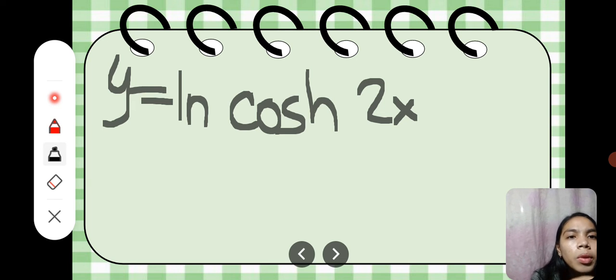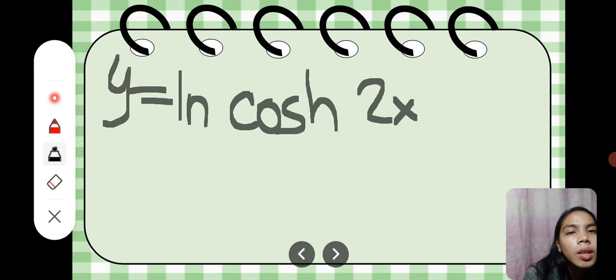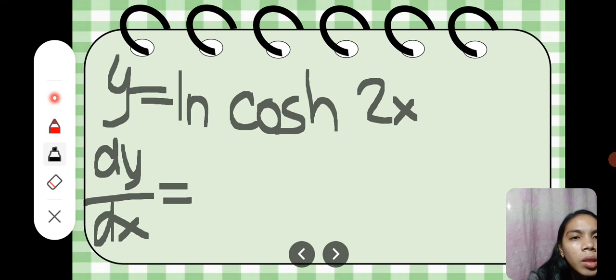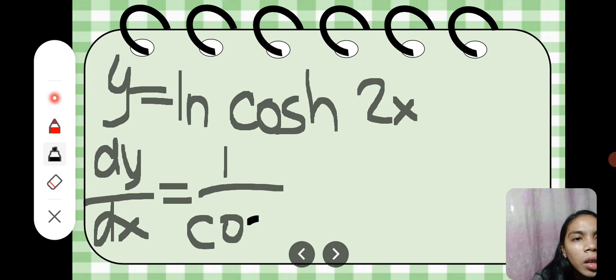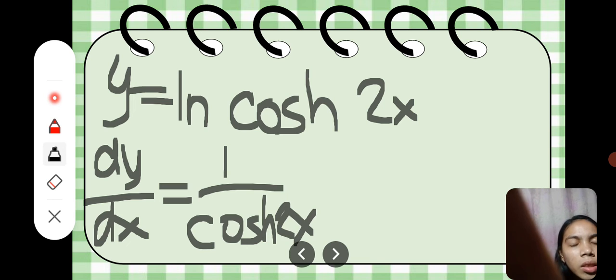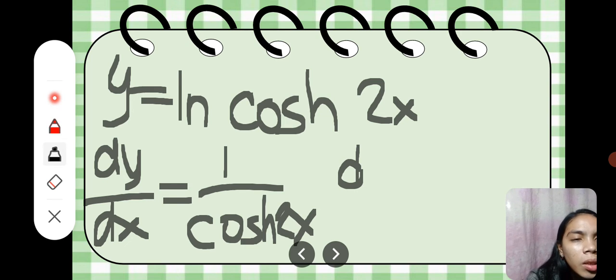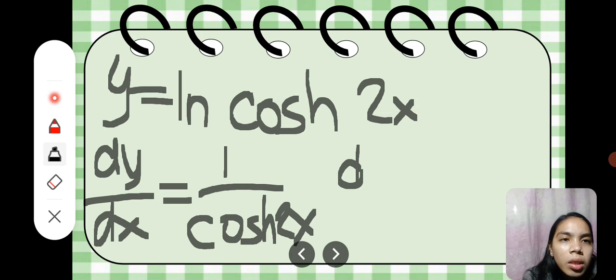So it will become dy over dx is equal to 1 over hyperbolic cosine 2x, times the derivative of u, where our u for this given is hyperbolic cosine 2x.